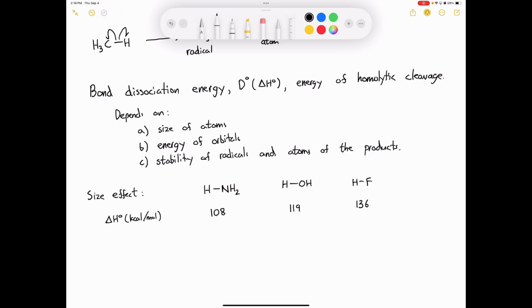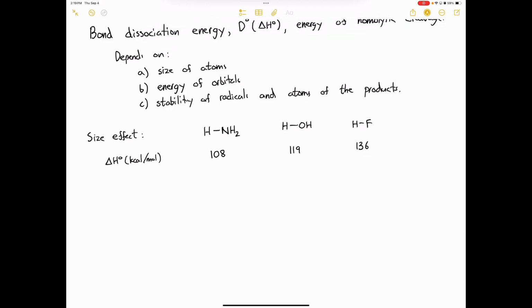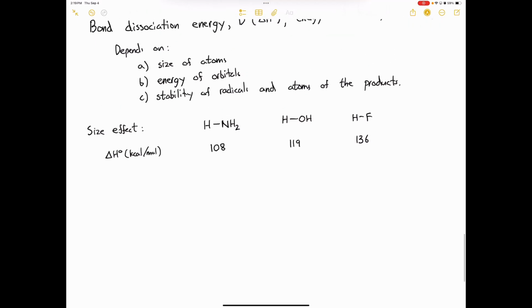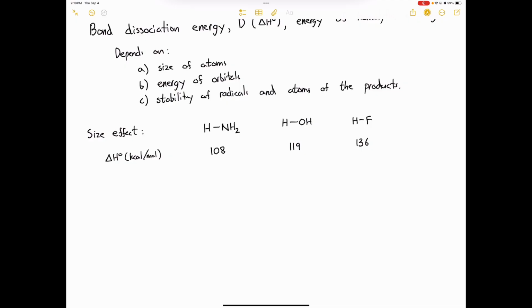Nitrogen is larger than oxygen and fluorine, so the amount of energy it takes to break this bond is the least. This is even more pronounced if we look at orbitals. So for the size effect, as we go across the row, the smaller the atom, the stronger the bond. In this case, we're comparing H and the atom X: nitrogen, oxygen, and fluorine.